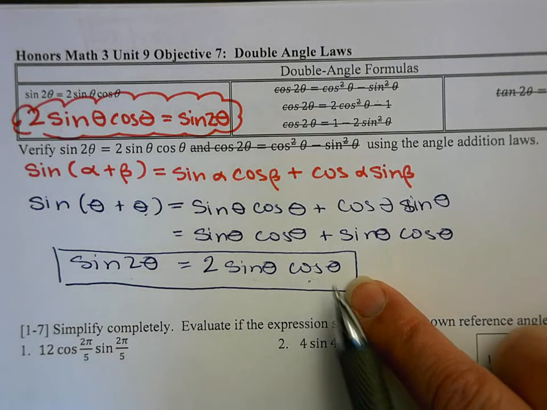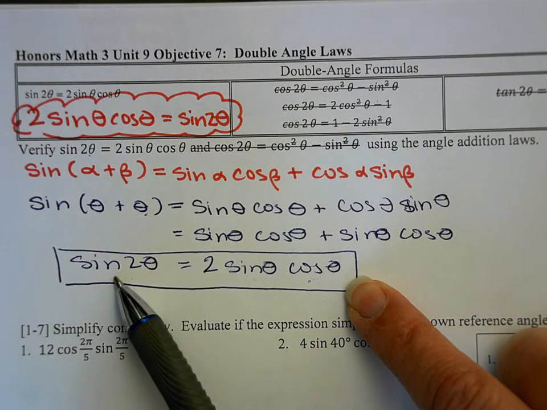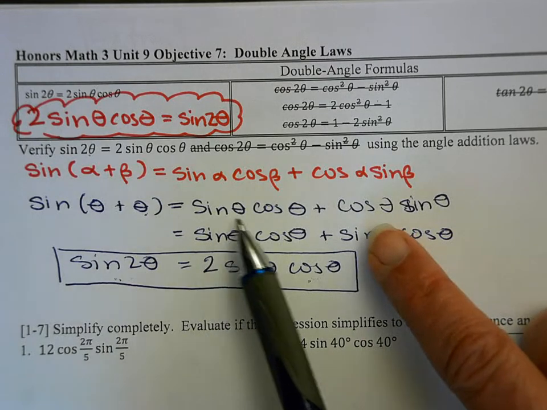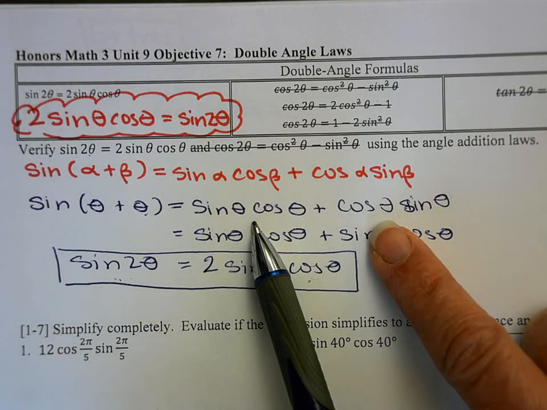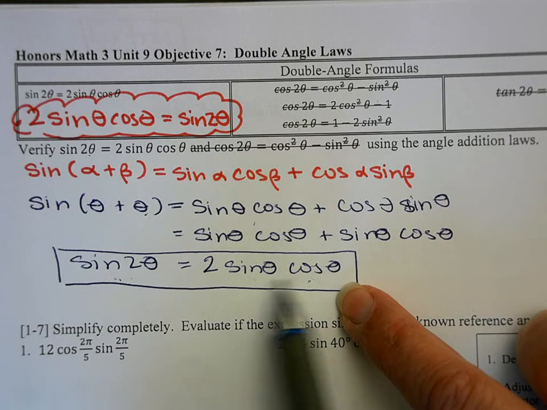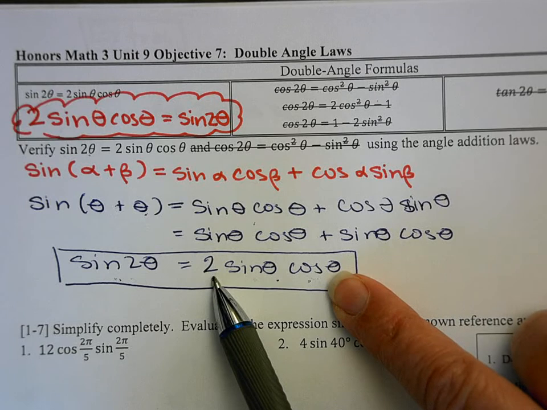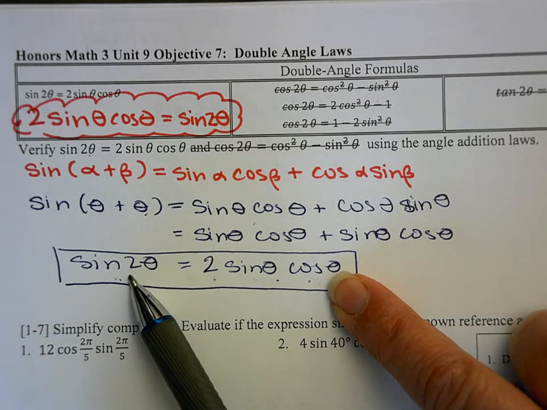It's not like the cosine is disappearing, it's just that this combination of things turns into this right here, because of this identity above. The cosine doesn't go anywhere. It's the combination of the product of a sine and cosine with the same angle, with that coefficient of 2, that is equal to that identity there.